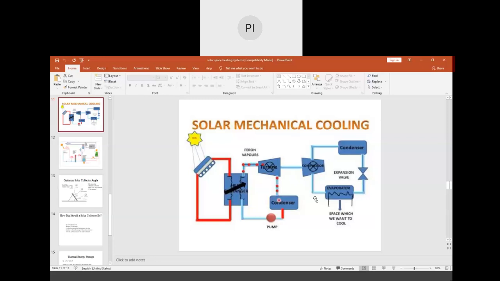Then there is an expansion valve, with the Joule-Thomson effect. We already know that when a gas passes from a high pressure region to a low pressure region through a porous plug, the temperature of the gas molecules decreases.